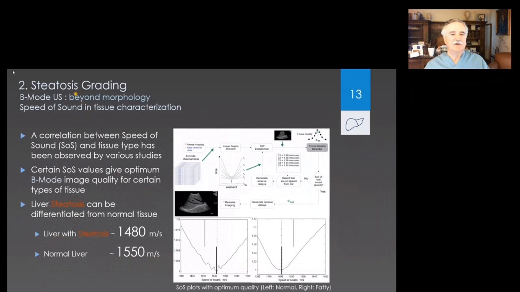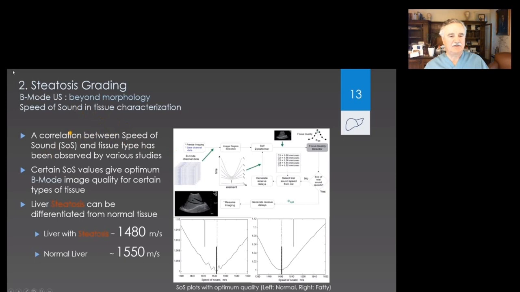B-mode may use other properties of the ultrasound beam in order to grade steatosis. Speed of sound is a unique possibility that only the Aixplorer offers already to its clients.